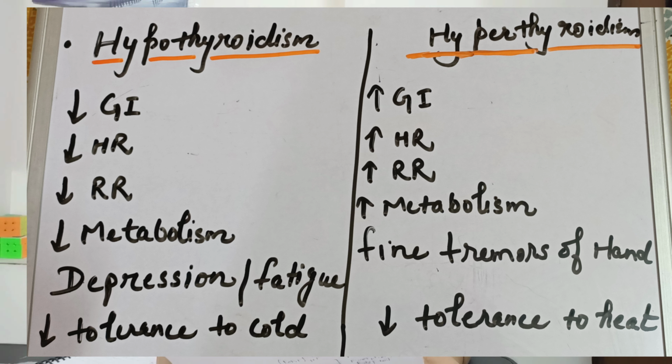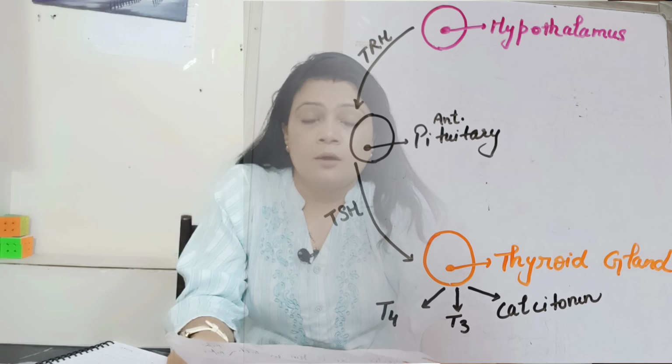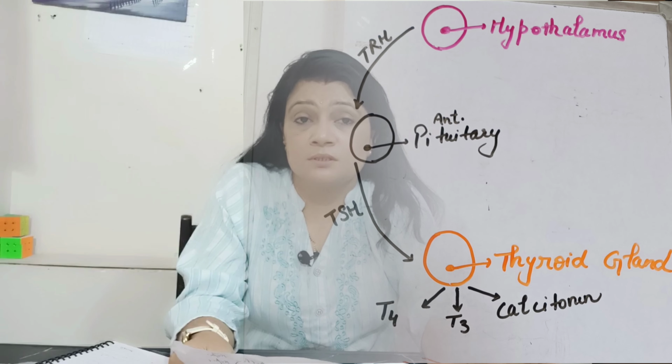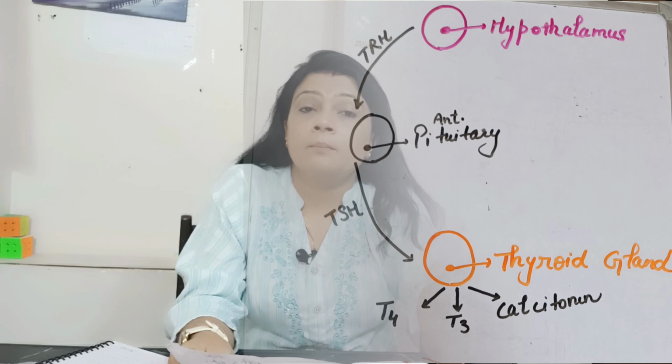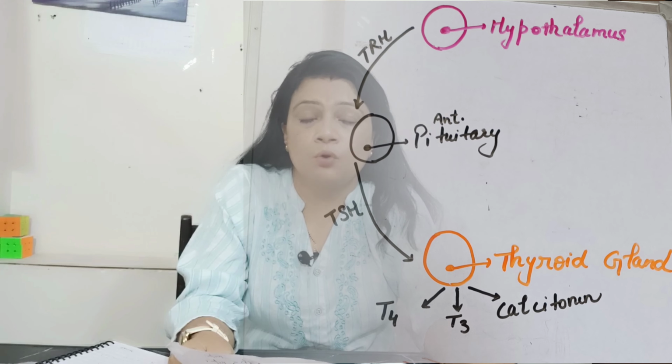Now let us understand how the thyroid hormones are produced. Just see in this diagram, in the brain there is the hypothalamus, which triggers the anterior pituitary by releasing one hormone, TRH, thyrotropin releasing hormone.